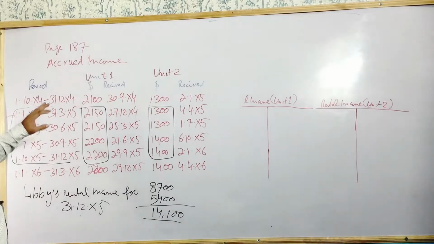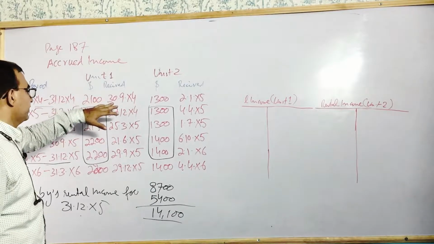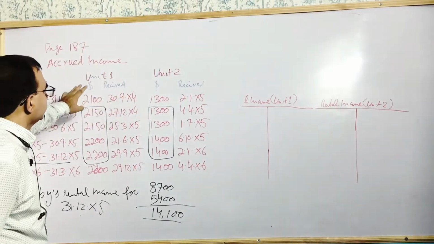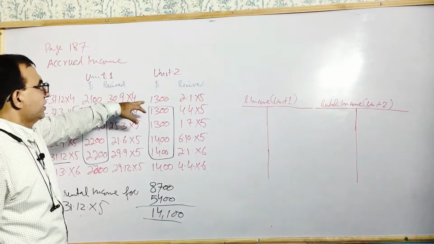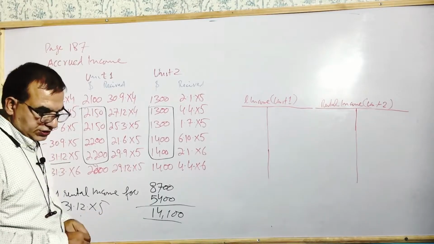Now, this first payment is for October to December 14, not 2015. For unit 1 it was received in 14, so finished. But for unit 2, 1300, we received it in 2015.